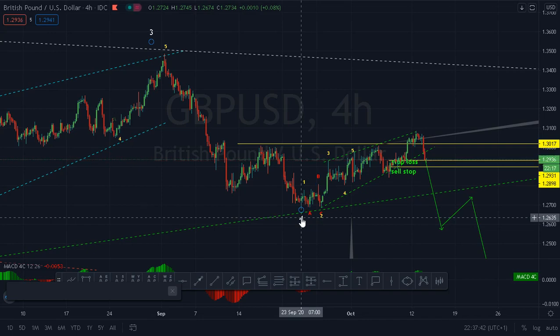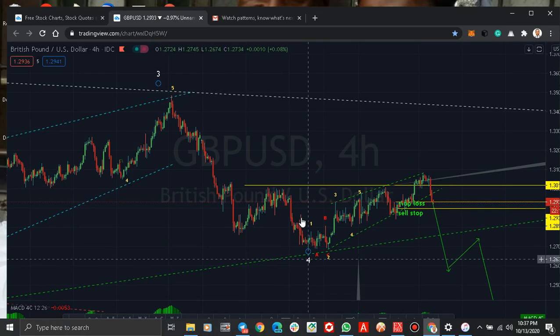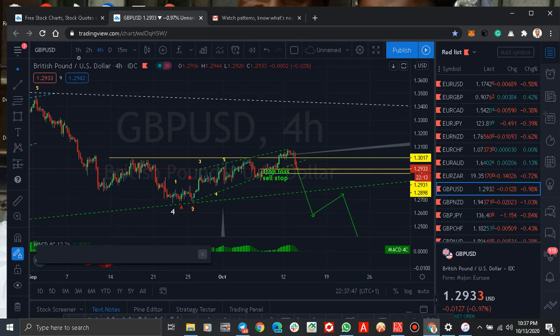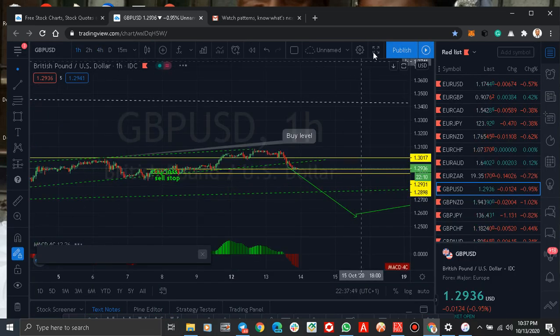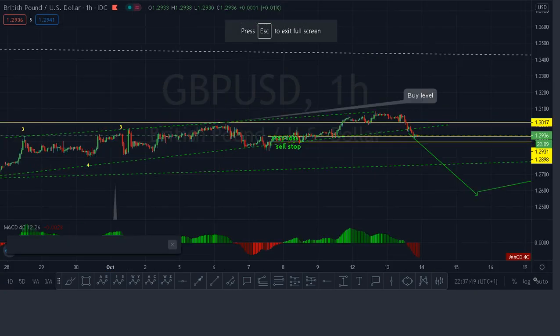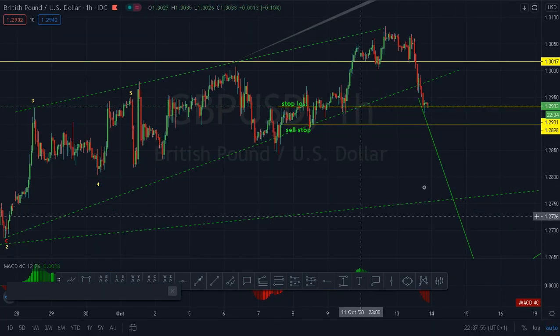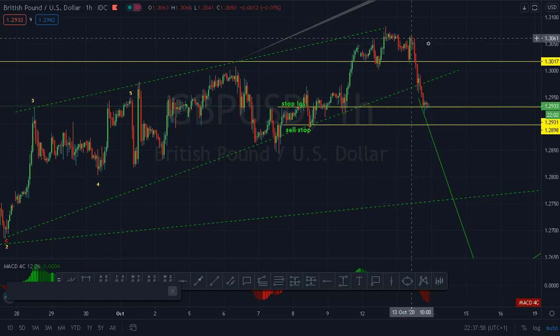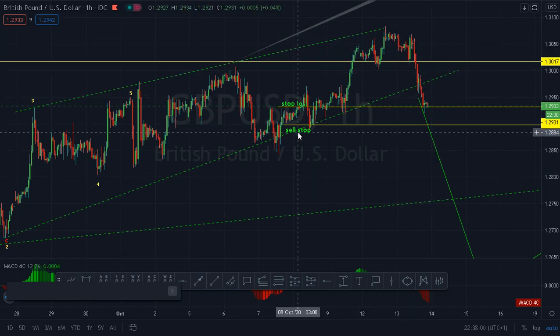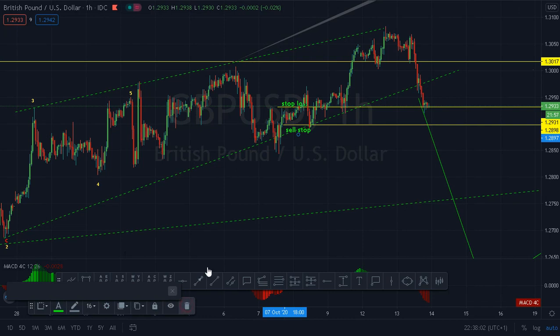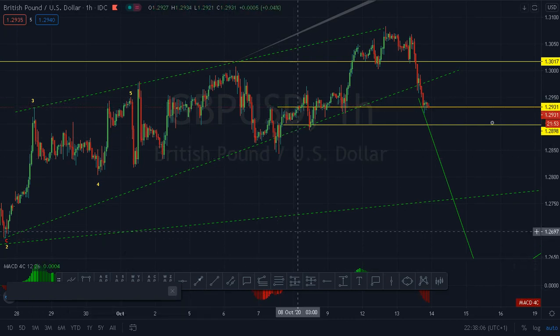So we go to 1 hour. You can see it's a very big drop from 1 hour. So what we're gonna do is look for entry on a pullback.